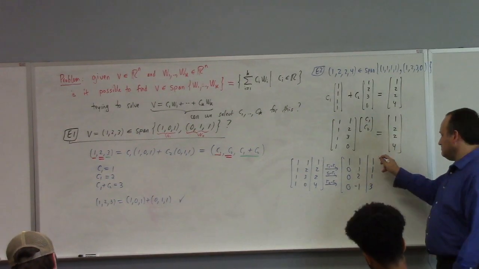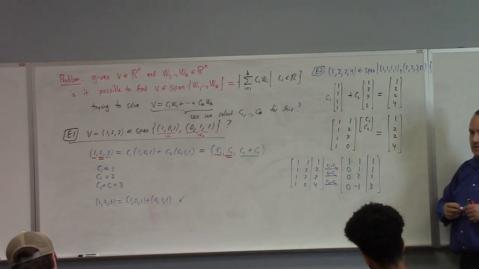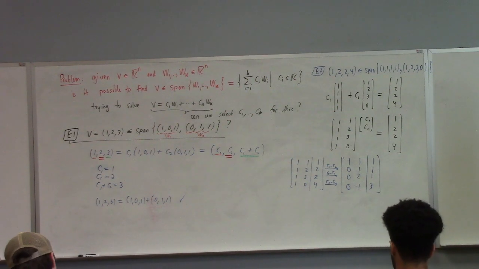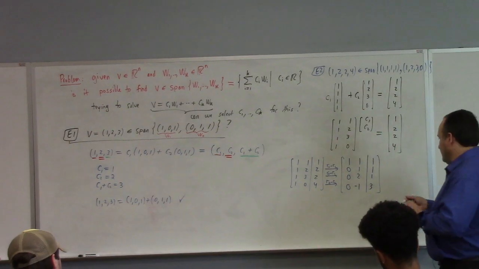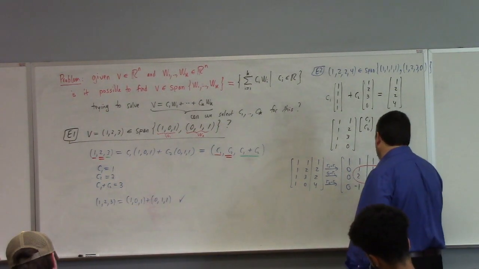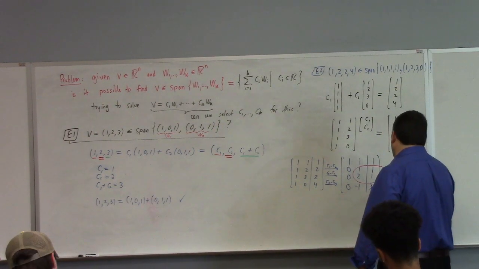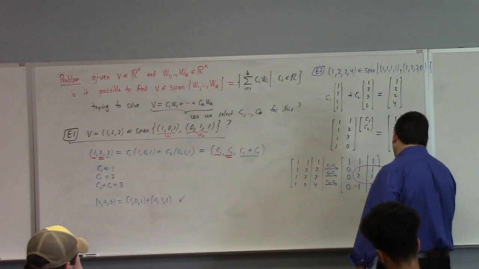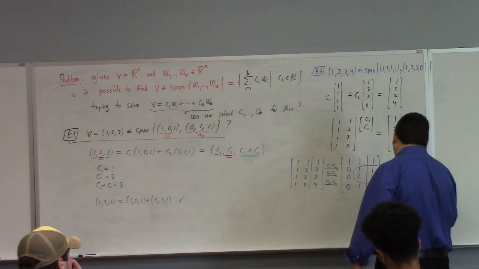All right? We don't need to go any further. At this point, what do these equations tell you? This one says that C2 is equal to 1. This one says that 2C2 is equal to 1, so C2 is equal to 1/2.